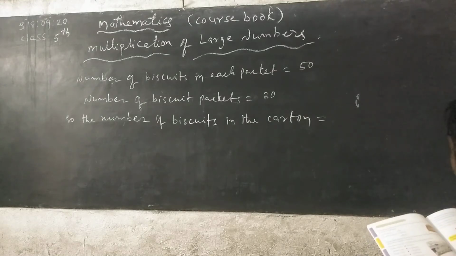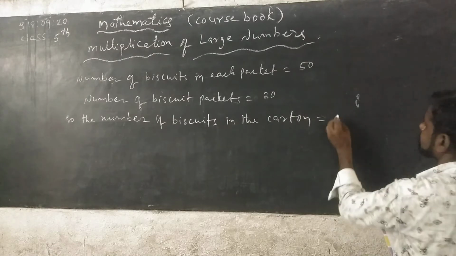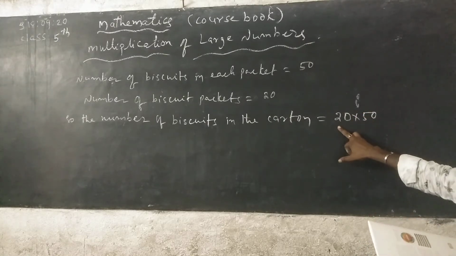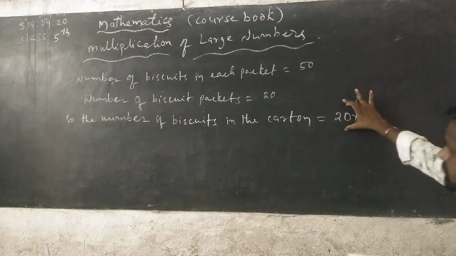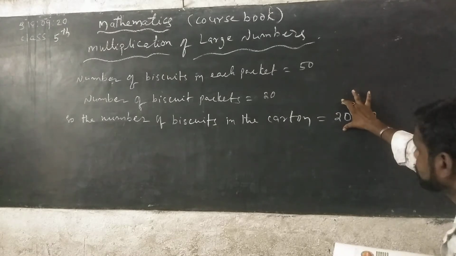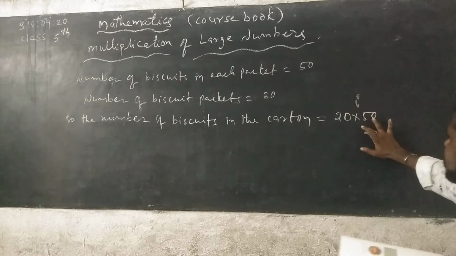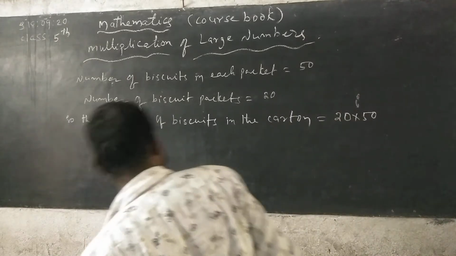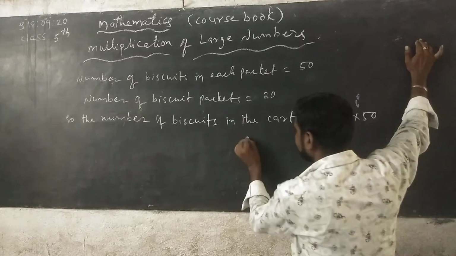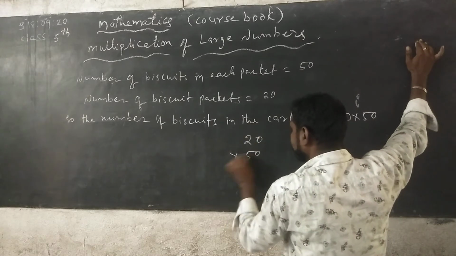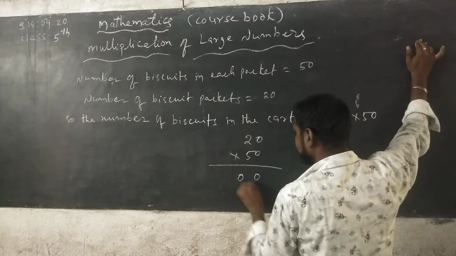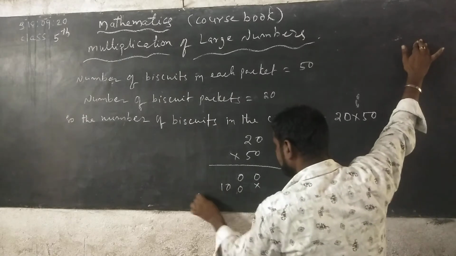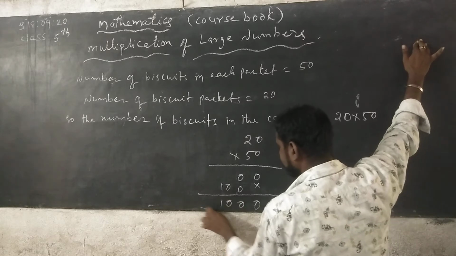See here. So 20 cartons each, and this is the total biscuit packets. So 20 biscuit packets, and each biscuit packet has 50 biscuits. So that is equal to 20 into 50, which is 1000.